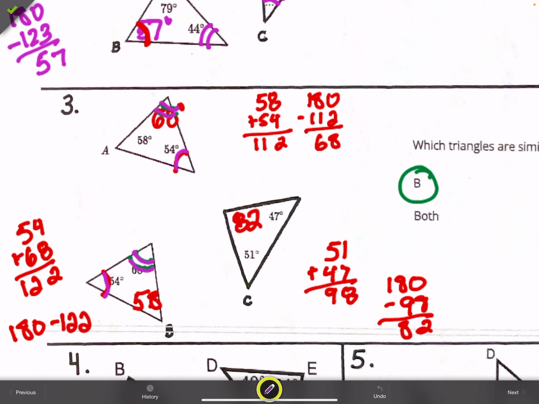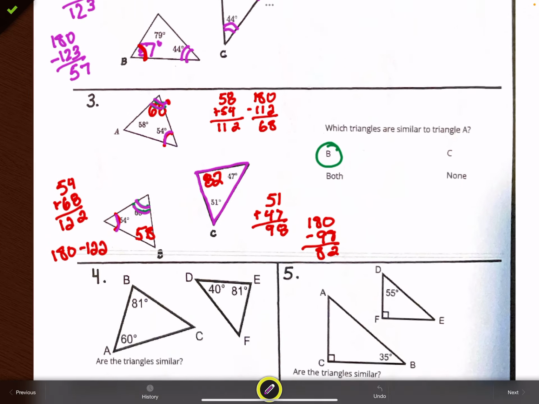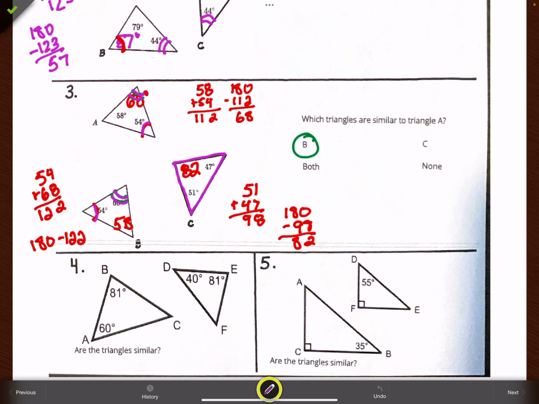And they are. But then I could look at triangle C. Anything in triangle C congruent to any angles in triangle A? No, right? So we can't say that A is similar to triangle C. So it actually ends up just being triangle B that works here.